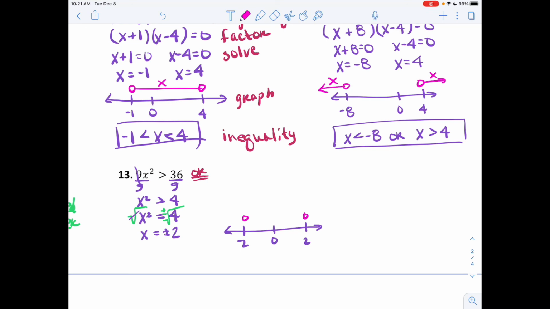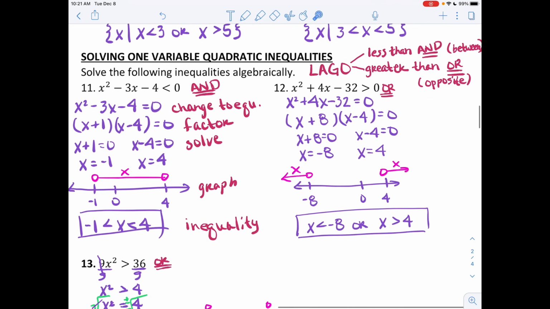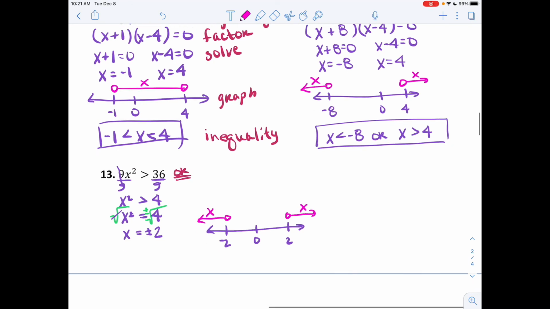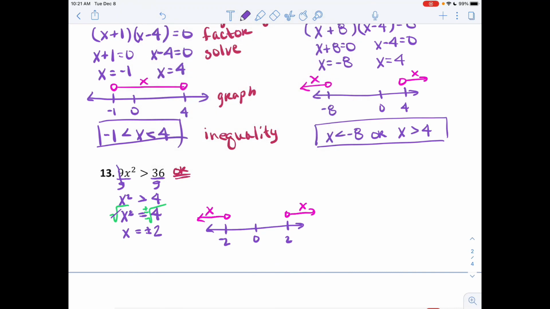I have an or because it was a great or. Remember from up here that a greater than goes opposite directions. It's an or and it goes opposite. So that means that my x is either here or here, and I can write my final inequality. I know it's going to be in 2 pieces because I have 2 pieces on my graph. So x is less than negative 2 or x is greater than 2, and that's my final answer.